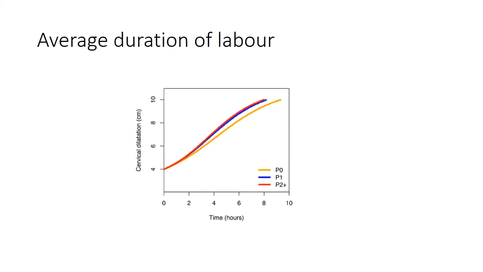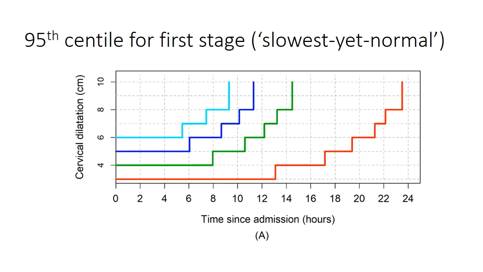If we look from these studies at the average duration of labor, and this is for labor that starts at 4 centimeters, this is exactly what it says. So slow dilatation initially, and once you reach 5 centimeters, quicker dilatation. So this is for different parities. Another way of looking at this is to look at the 95th centile. So this is the slowest of the slow but yet normal, 95th centile.